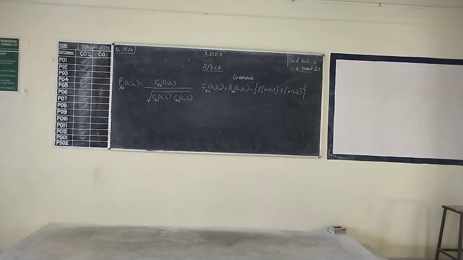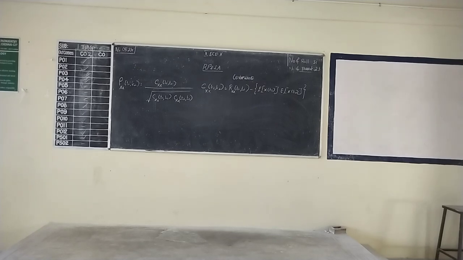What happened to the first term? See here, Rxx is the full formula. What you have written in the integral here is x1 x2, but here x2 is also equal to x1. So what happened to that term? It becomes x1 square. Then it is the expectation of what?